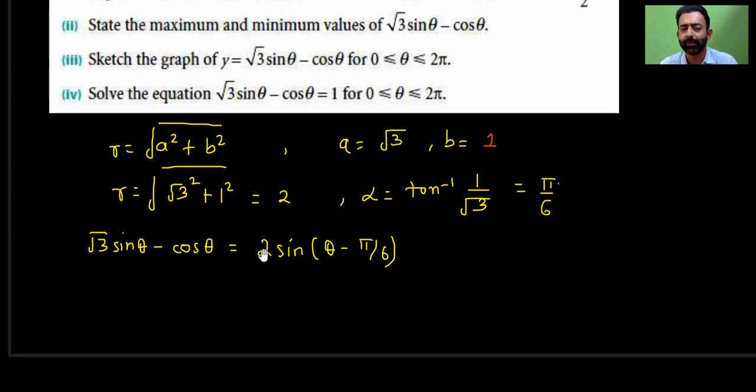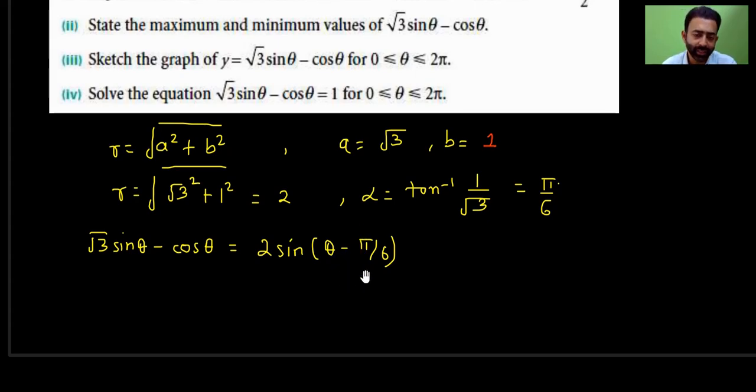Okay, it is independent of the variable. The variable here is theta, right? So this maximum will depend on the maximum value of sin(theta minus pi by 6), and whatever the angle in sine or cos, both have a maximum value of plus 1 and a minimum value of minus 1, right?